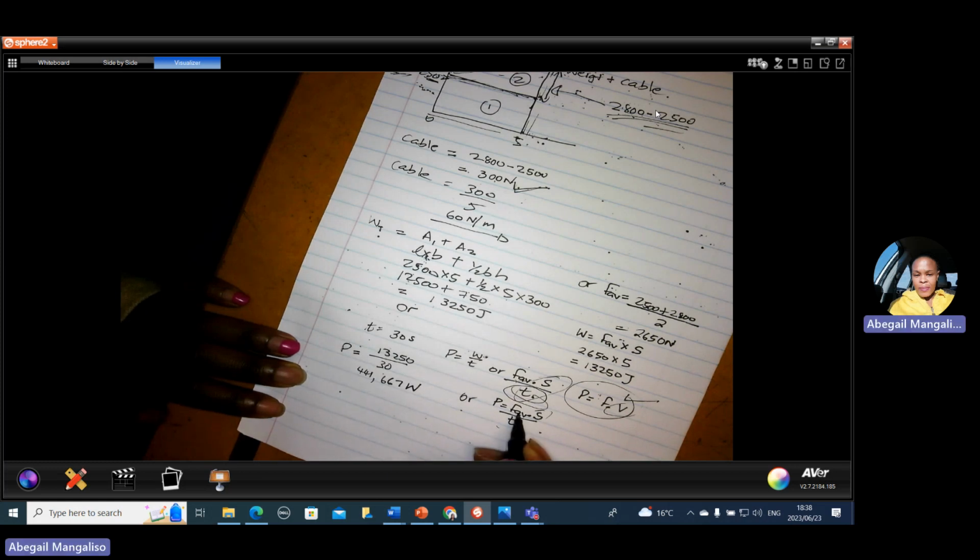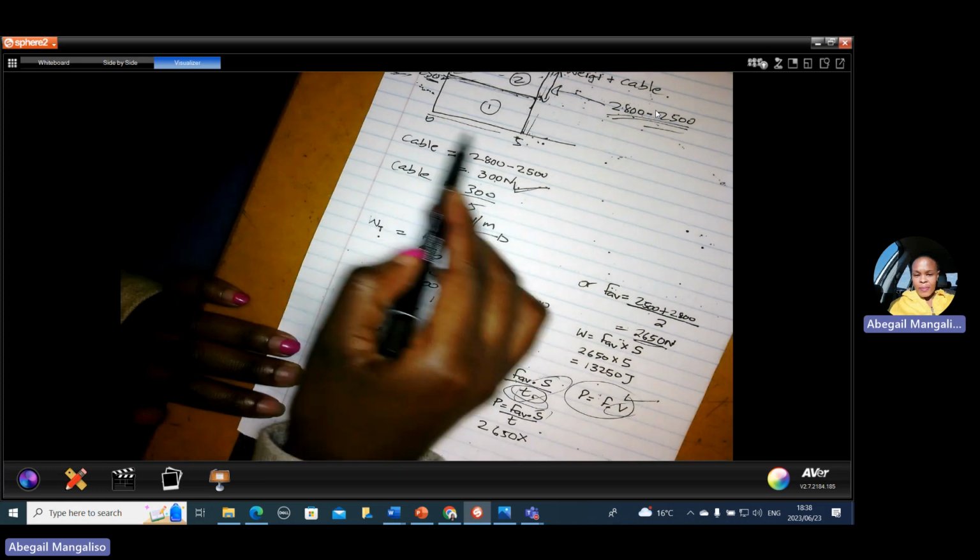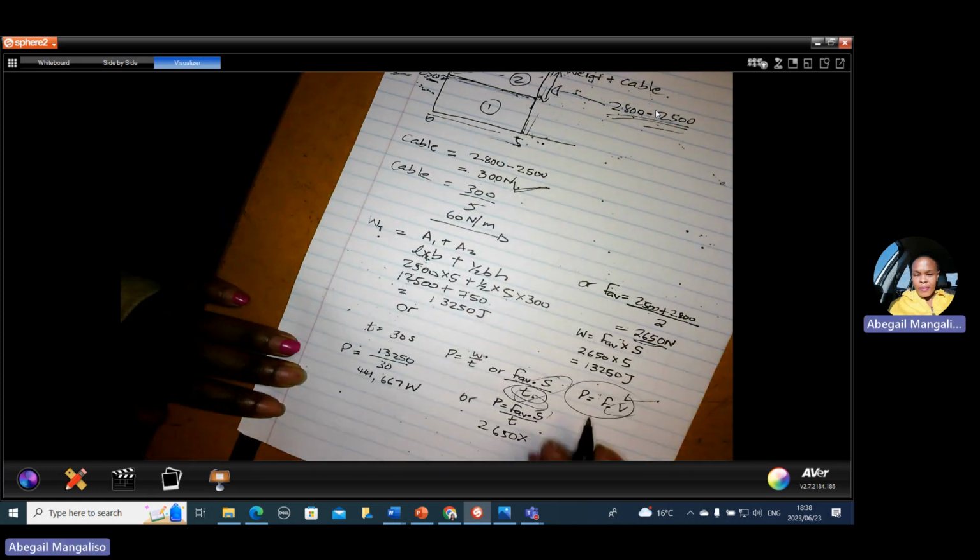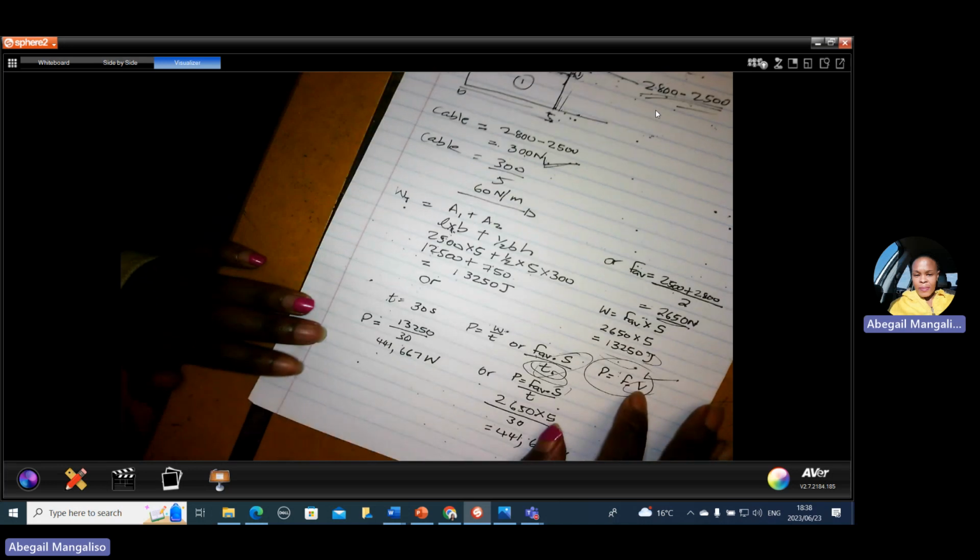Now the F average, the average force, 2,650 multiplied by, it says total, so multiplied by 5, divided by the time, which remains 30. 2,650 times 5 gives us this answer, and we divide it by 30. We still get the same answer of 441.667 watts. This is how you do it.